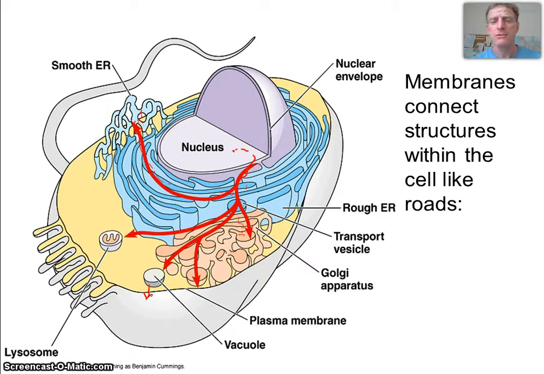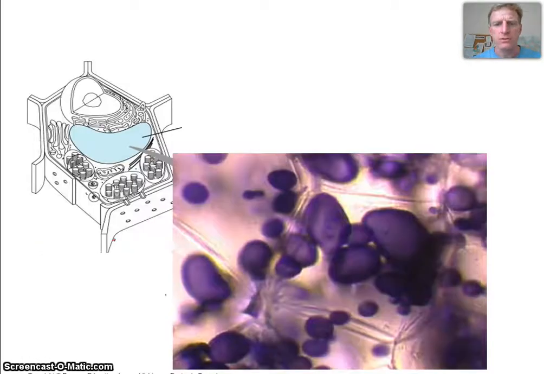Or some of those enzymes might get activated into a digestive enzyme, packaged up into a membrane, and become a lysosome. So all these structures work together for overall cell function. They're not individualized components, but form an overall pattern of working together to perform all cell processes. So let's look at a couple more of the structures within the cell.